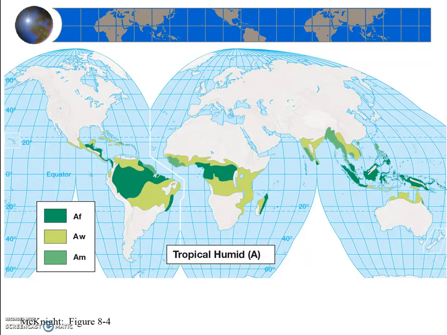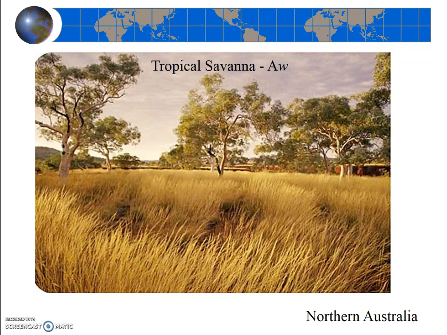Overall, AW climates also get less rainfall than the other A climates because they're not as associated with that low pressure system right at the equator. And they also don't have enough year-round moisture to support dense rainforest. Instead, you have savannas, which are tropical grasslands, that dominate, complete with zebras, giraffes, and elephants, etc., at least in Africa.